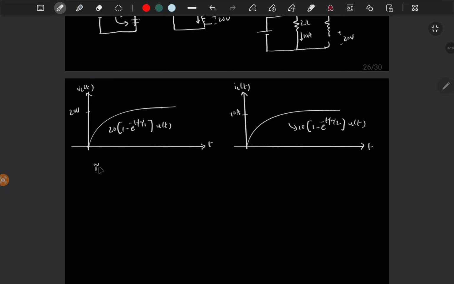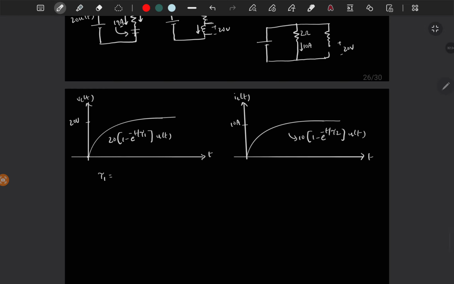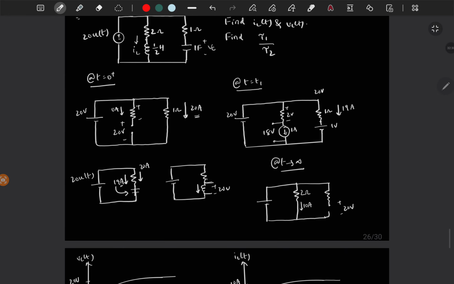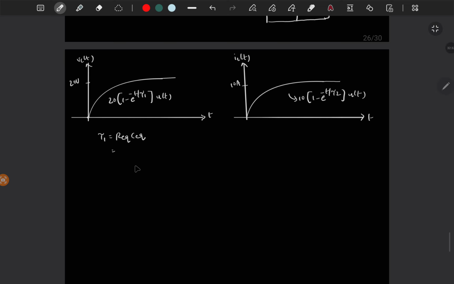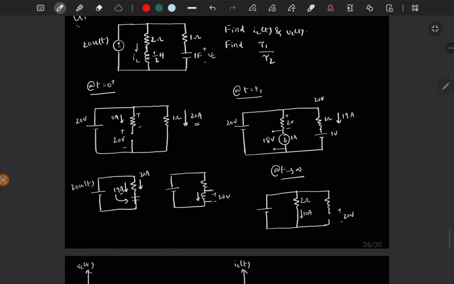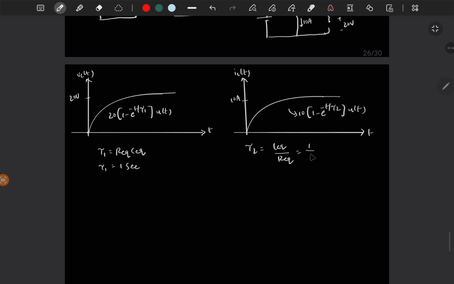So what is tau 1? R equivalent times C equivalent, which is 1 second, and tau 2 is L by R, which is 1 by 4 seconds.